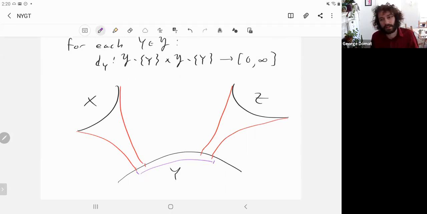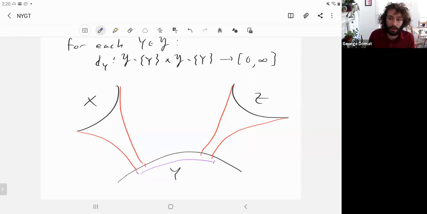Another way I like to think about this is that this curly set Y is a collection of planets. If you're standing on one planet y, you can measure the distance between two other ones by looking in the night sky and seeing how far you have to move your head. Something is really far apart if you're standing on y and you have to look at the horizon to see x, and then you turn all the way around and see z behind you.